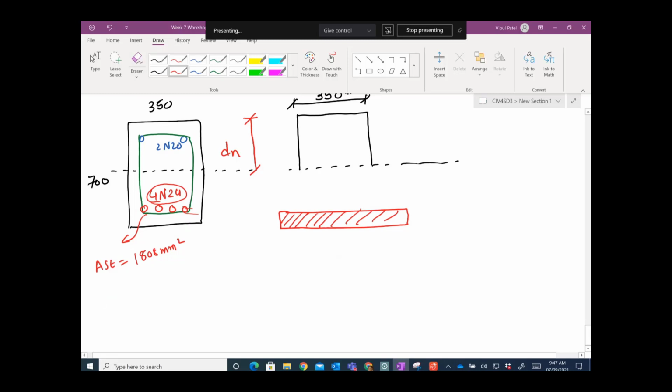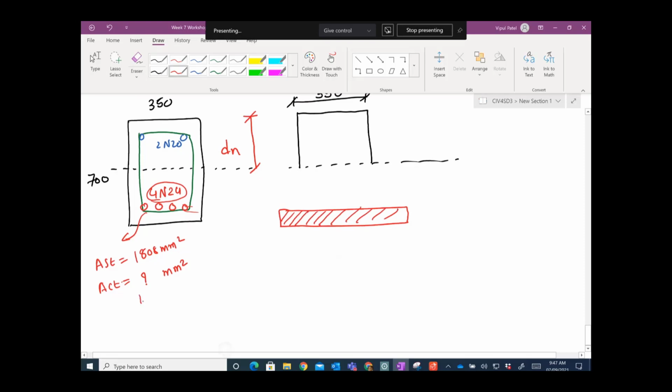Now we need to calculate the equivalent area of the concrete in tension. How much area of concrete can we put in instead of steel? Someone might say you can put 1808 millimeter square, the same amount of concrete, to replace the steel. No, it is not possible. Why?